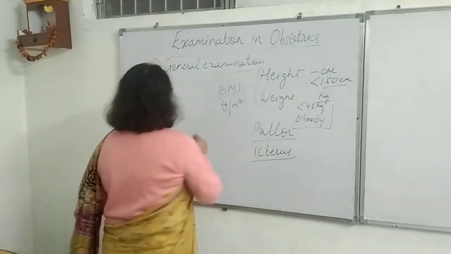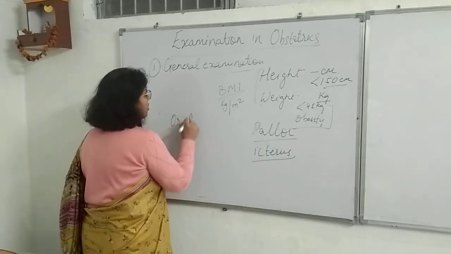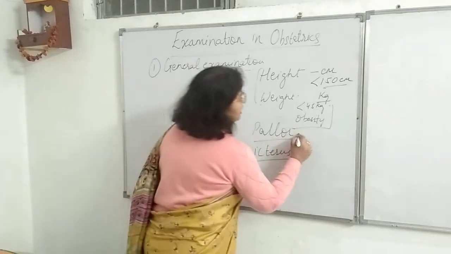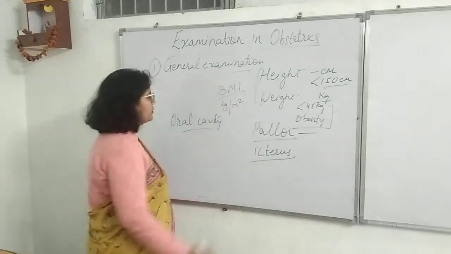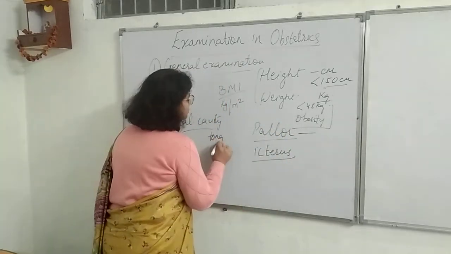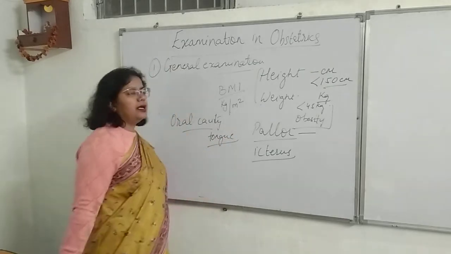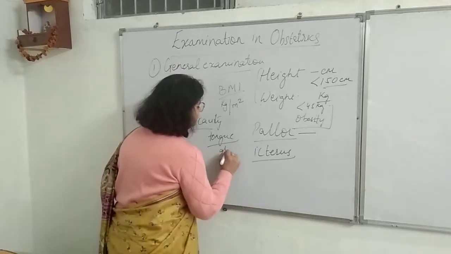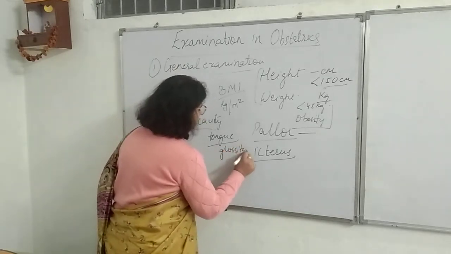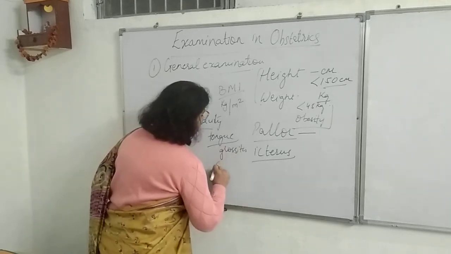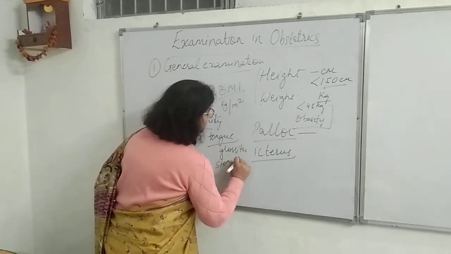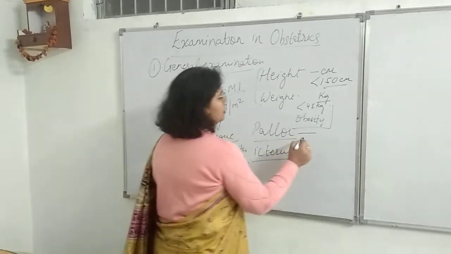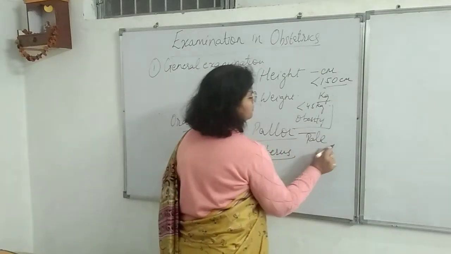Then oral cavity. Why this is important? Especially when she is around term. Oral cavity. If you think that she has pallor, she is pale, then look for her tongue also. You will get another indication of malnutrition like glossitis. On oral cavity examination, you will also get stomatitis. So these findings will be favoring the finding of pallor.